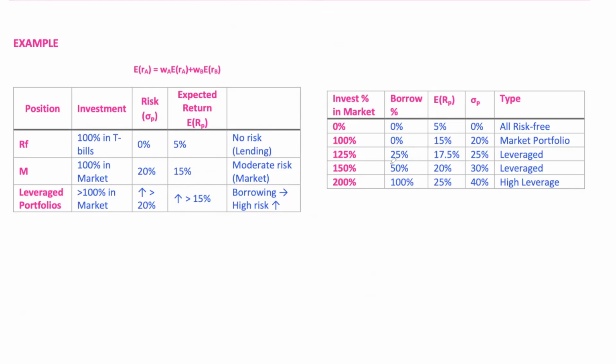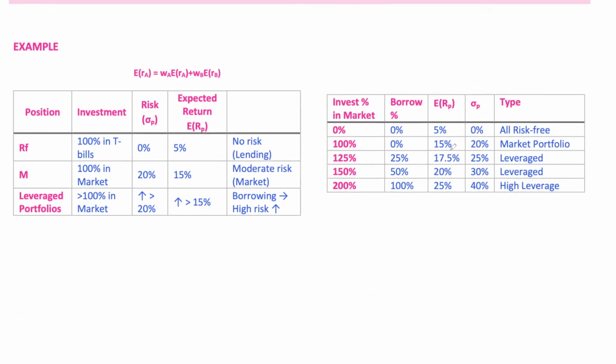Now let's crank it up a bit. If he borrows 50% instead, meaning he invests 150% in the market, his expected return jumps to 20% and risk climbs to 30%. And if he goes all in, borrows 100% and invests 200% in the market, his return hits 25% and the risk doubles to 40%.